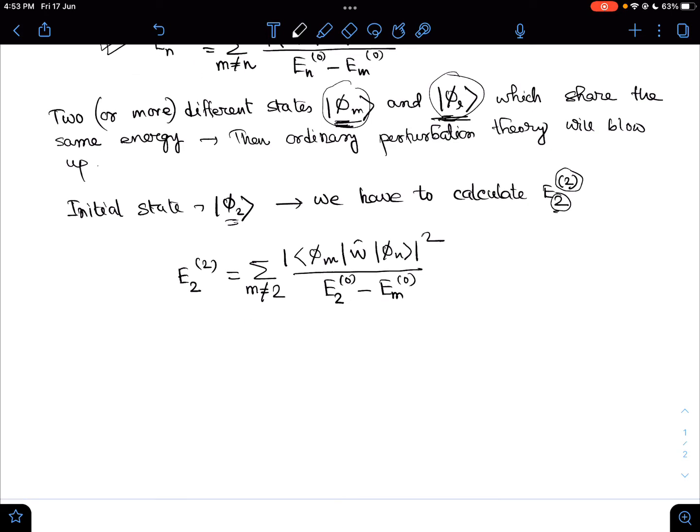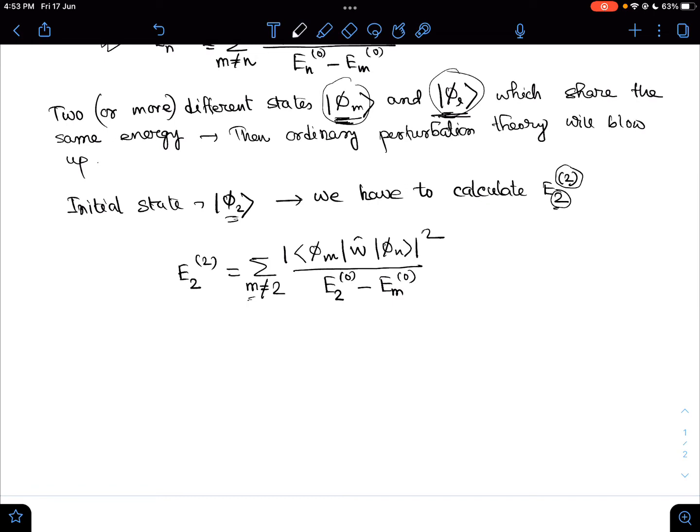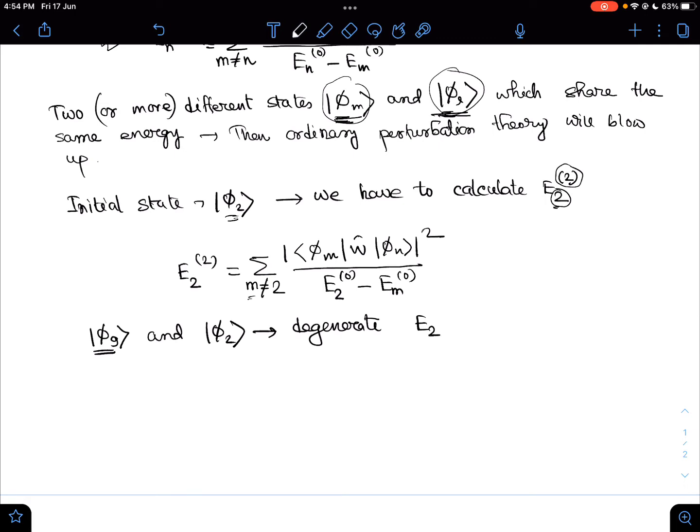This summation over m is over all the energy eigenstates. Now suppose we have another eigenstate phi 9 which is degenerate with phi 2. That means the energy of the unperturbed state phi 2 equals the energy eigenvalue of the unperturbed state phi 9.